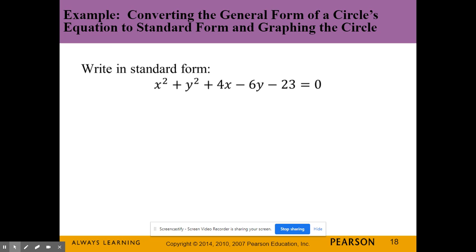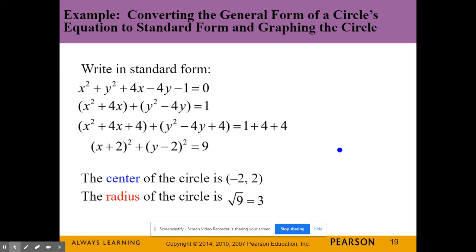So the first thing you can do, here's the whole thing, let's talk it through. The first thing I would do is group the x terms and the y terms together, and then the constant you can just send over to the other side. And then what you're going to do is complete the square. Remember this from Algebra 2.